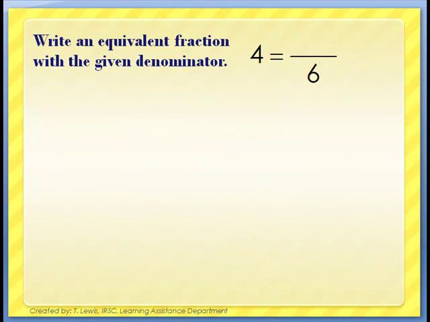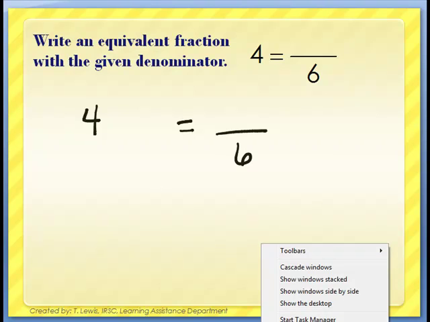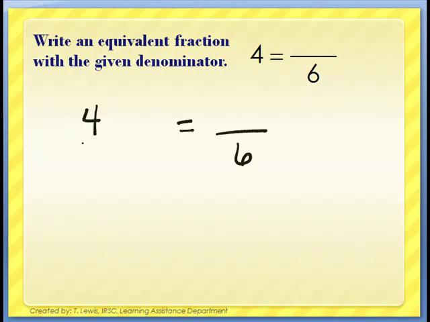We're going to convert 4 into some number over 6. All right, so we have an integer 4, and we want to convert that into a fraction. So before we start this, let's make the 4 into a fraction by placing a 1 under it. And then let's start from the denominator. 1 times what number would give us 6?